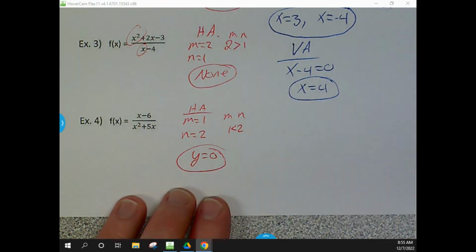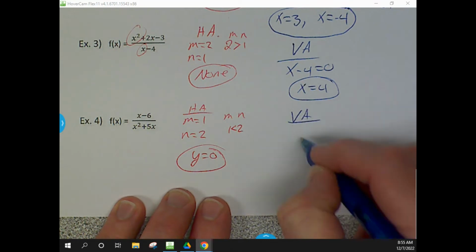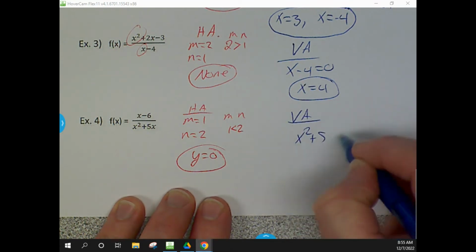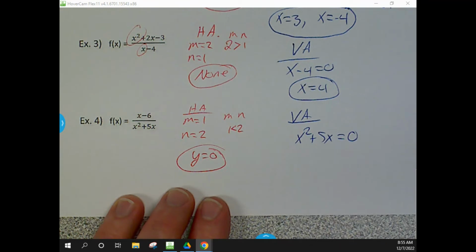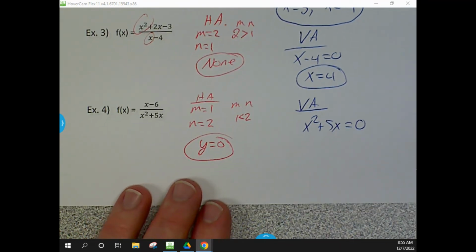All right, for your vertical asymptotes, x squared plus 5x equals 0. Again, good review for factoring on this one. What do we do to factor this thing? Actually, that's for trinomials. This one has 2 terms, so with 2 terms, you always look for a greatest common factor first.